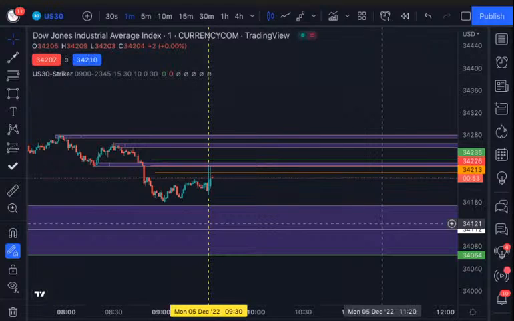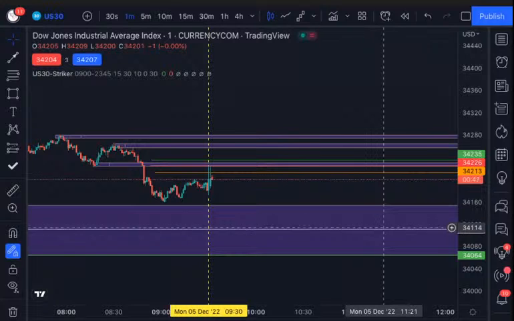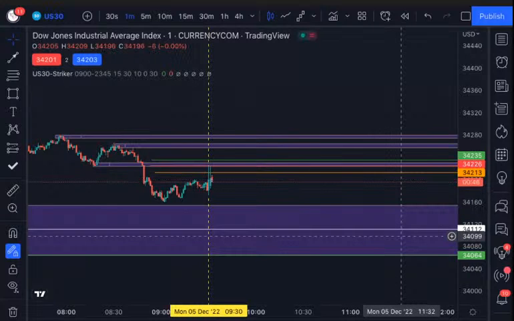I have levels at 34213, 34226, and 34235. Those are basically from the 50% to 70.7% retracement. We already got two nice rejections off of the opening candle and the second candle.